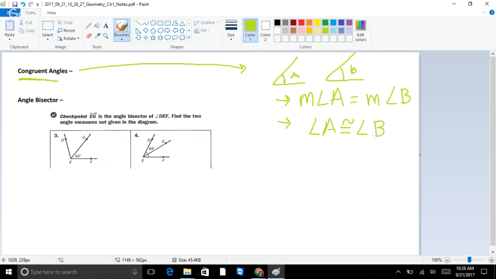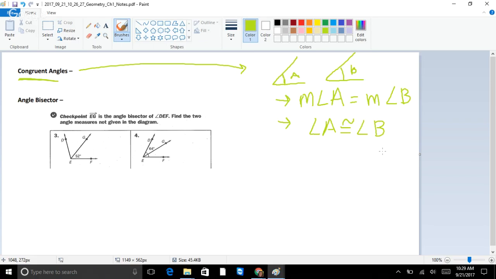That also applies to angles as well as lines for congruency. So there's a little bit of weird terminology there I just want you to recognize. When you talk about the measure, that M stands for measure. And when you're talking about the actual measurement, you use the equal sign. And when you're talking about congruency, we don't actually talk about the measurement. We say that angle A is congruent to angle B. It's kind of a little weird terminology there.